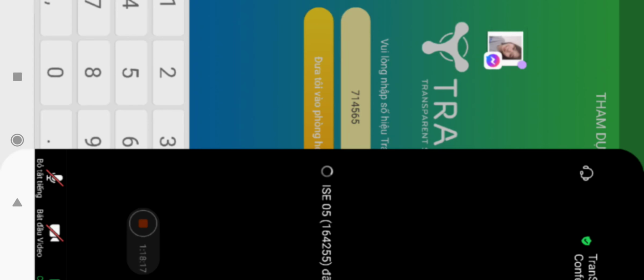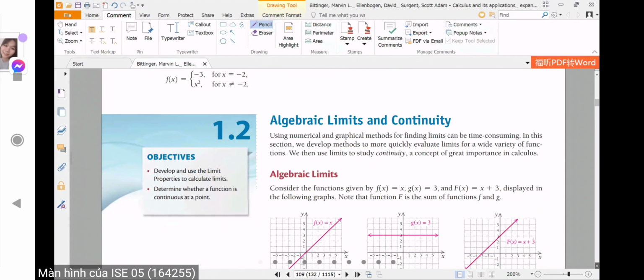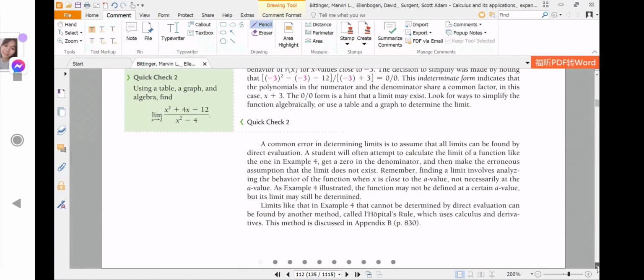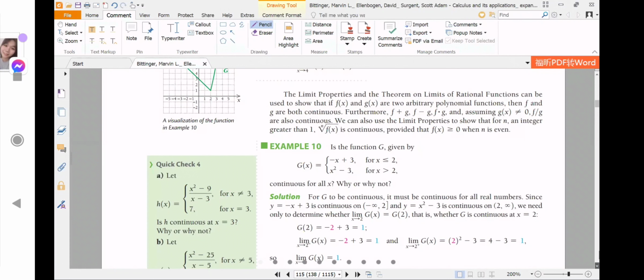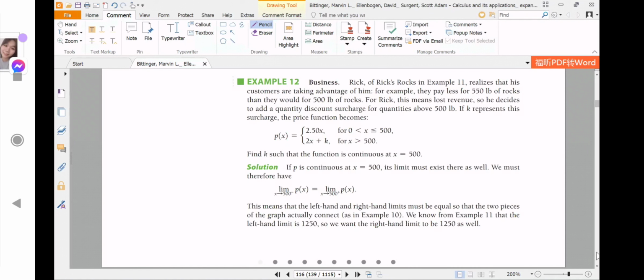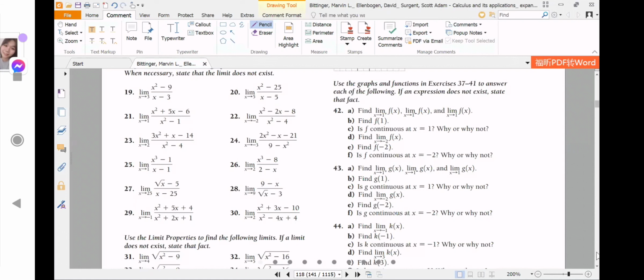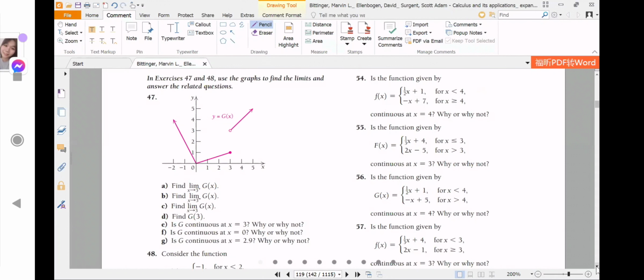We continue to another part. This limit and continuity. Exercise 48.